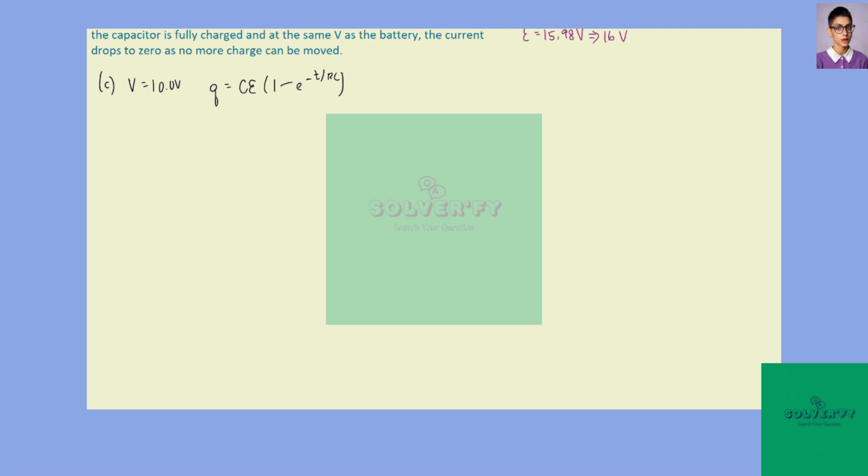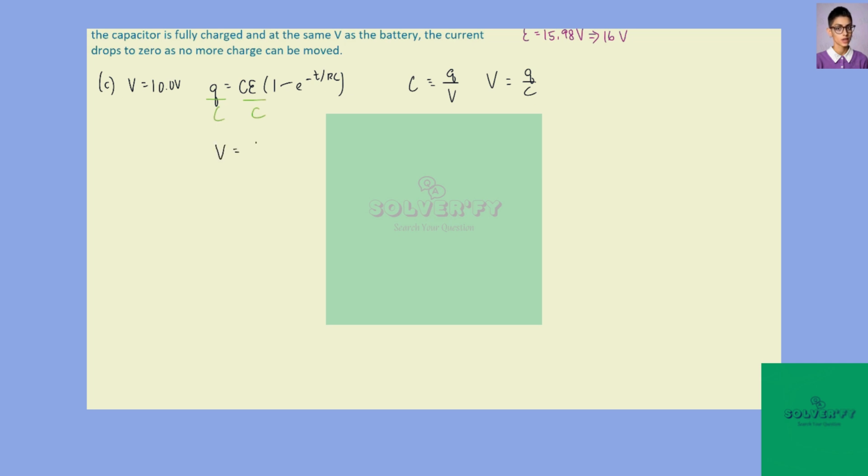And then we're going to remember that since capacitance is defined as charge per volt, we can say that the voltage will be equal to the charge divided by the capacitance. So we are basically going to take this equation and divide it by the capacitance to get a relationship for voltage.